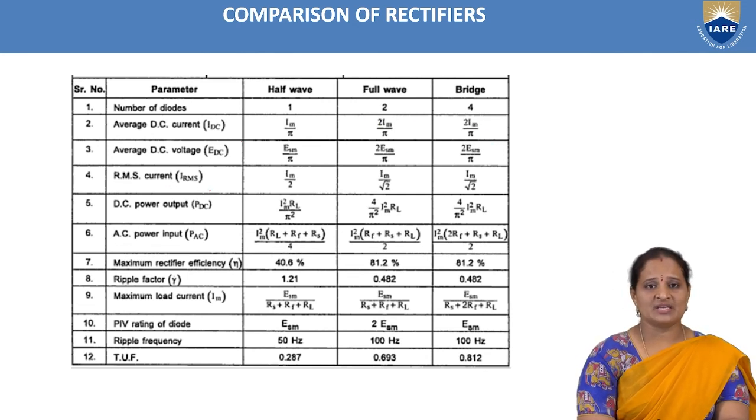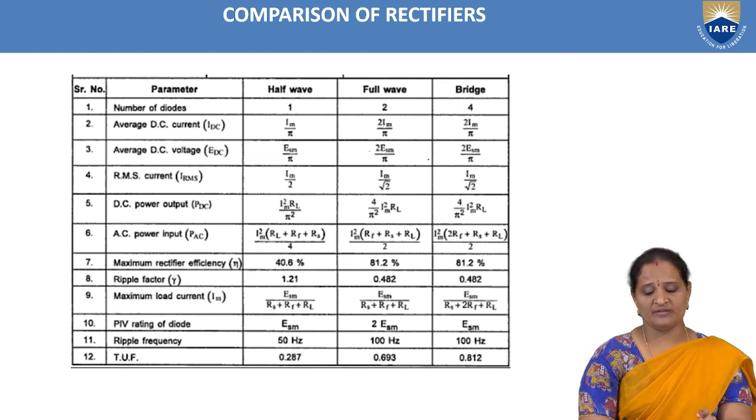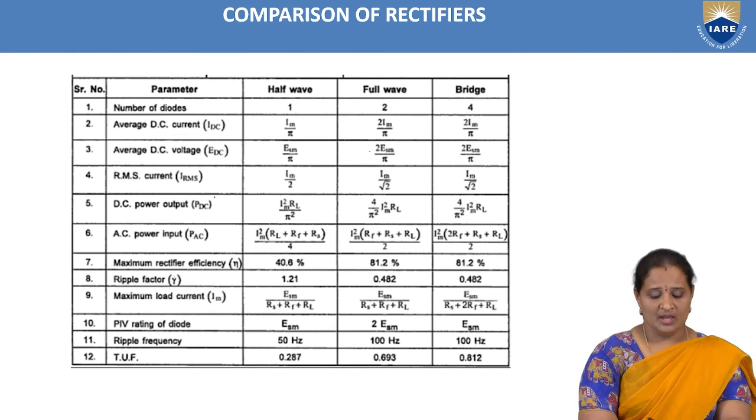Coming to the RMS voltage across the load resistor, which is given by Vm by pi in case of half wave rectifier, 2 Vm by pi or Esm by pi, whatever notation you want to use, and 2 Esm by pi. There is no difference in center tap full wave rectifier and bridge rectifier.